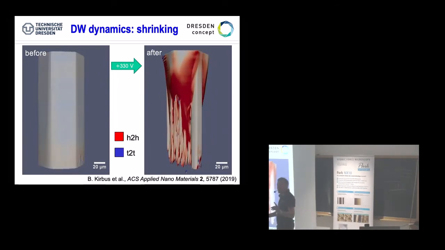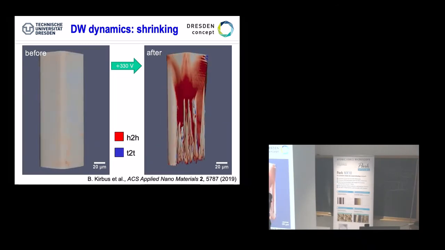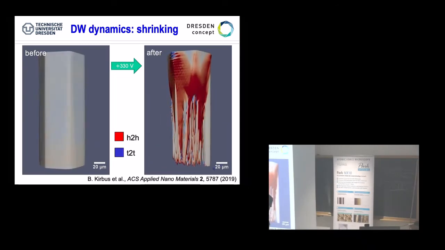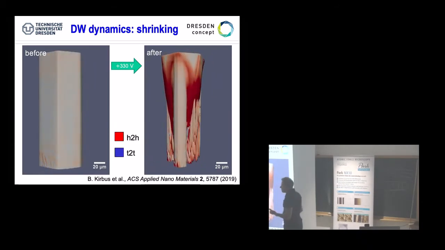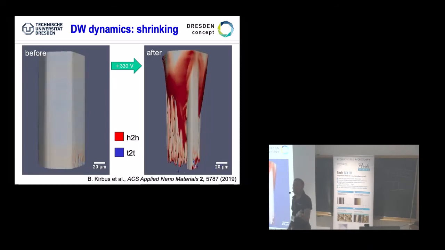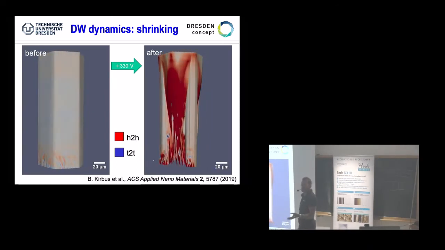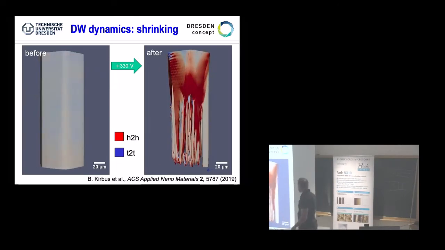So what does it mean again? Remember, head to head means the arrows of your order parameter are pointing towards each other, while tail to tail means just the opposite. Or in other words, all the reddish areas are good areas for electrons to travel, while the blue areas are good areas for holes to travel. So we see that here directly.